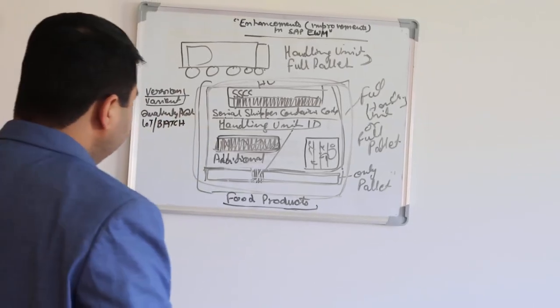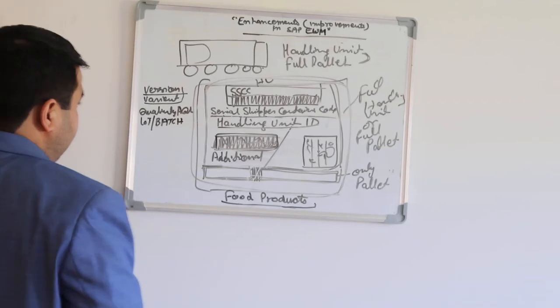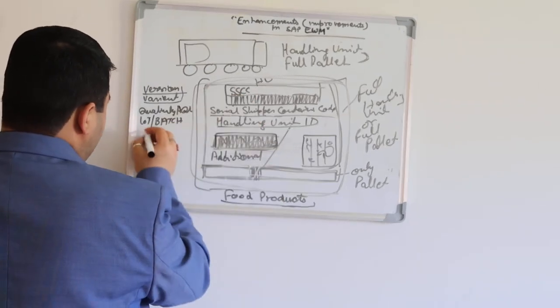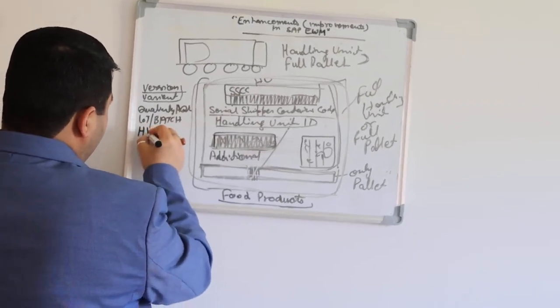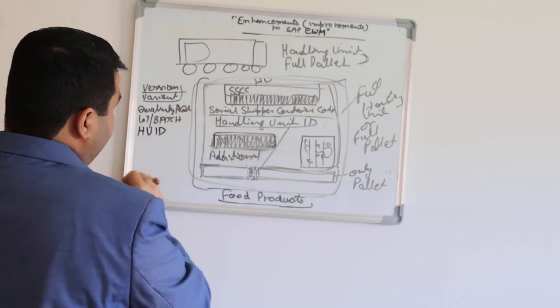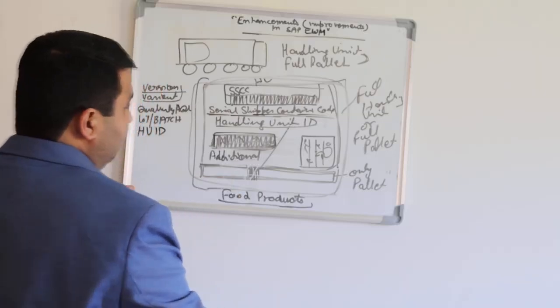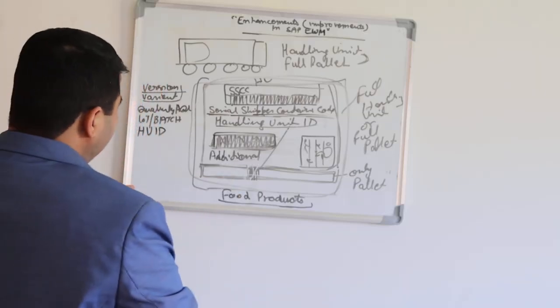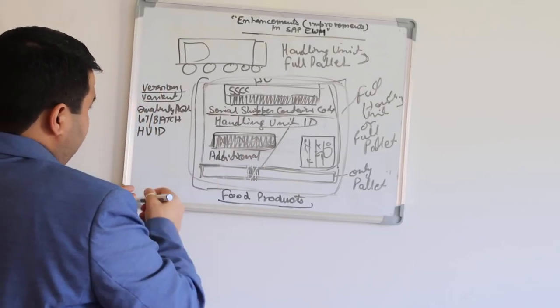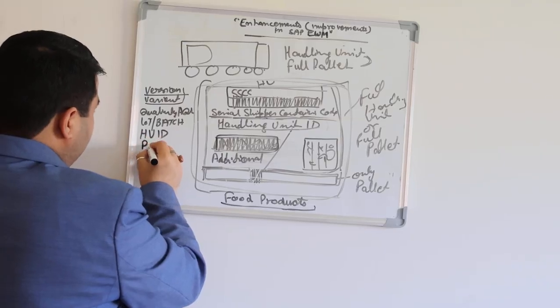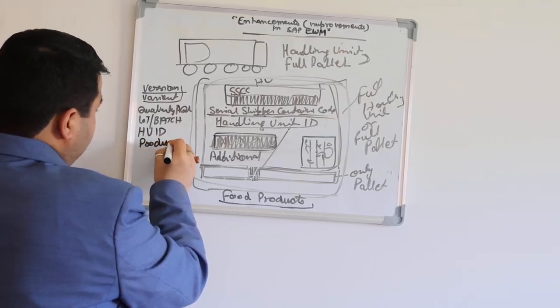Also we have the handling unit ID, HUID, which is nothing but the SSCC container code. So we have the product or material.